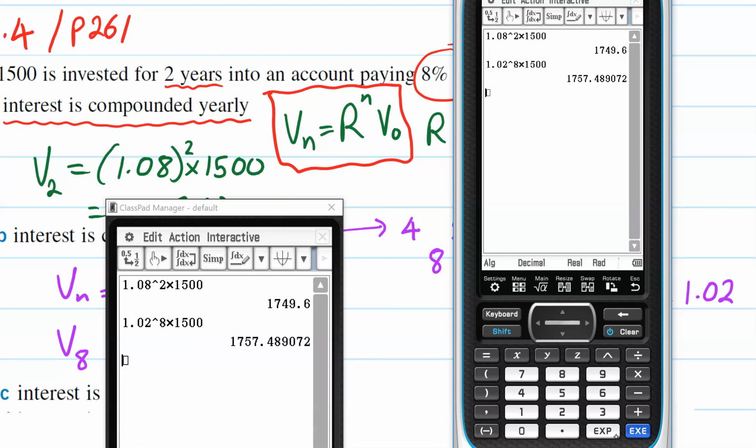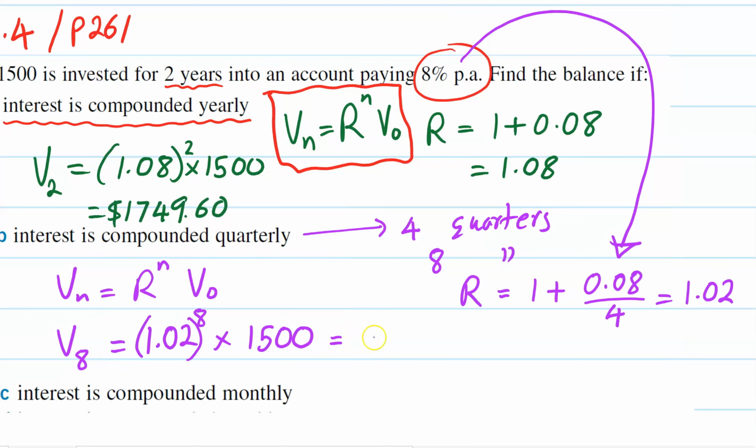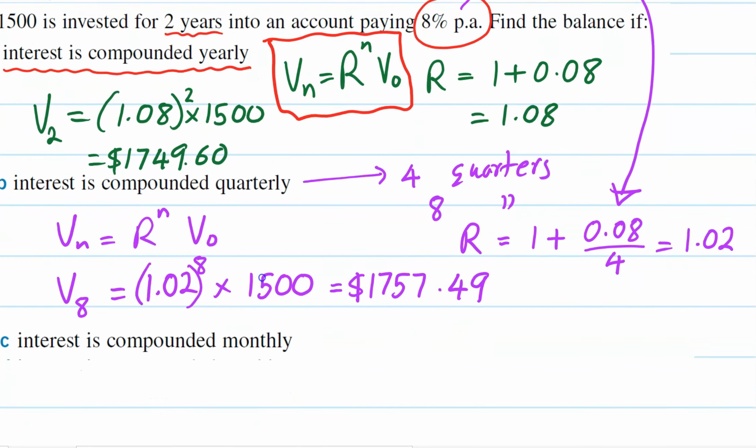But if this was in millions for a good business, it's quite a few extra dollars, isn't it? That's why banking systems like to invest with more frequent compound interest. Righty, let's go back. 1757.49 rounded to the second decimal. Okay, we are moving on.